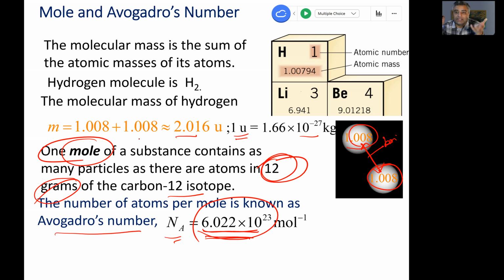So this is another way of expressing mass, but in this case, the number is fixed. And where did this number come from? By weighing 12 grams of carbon atoms and counting the number of atoms in that 12 grams of carbon. Why did we weigh 12 grams?